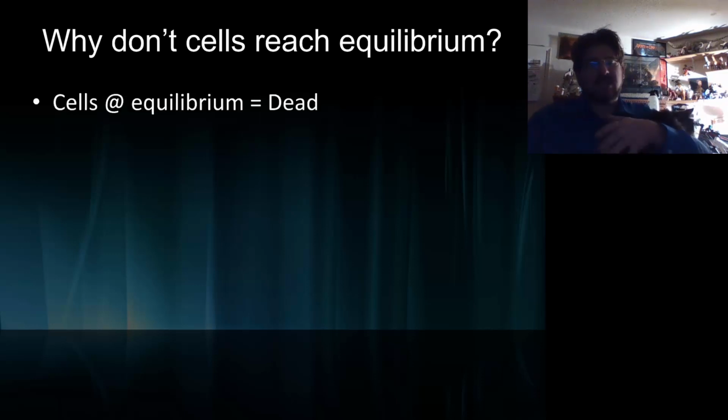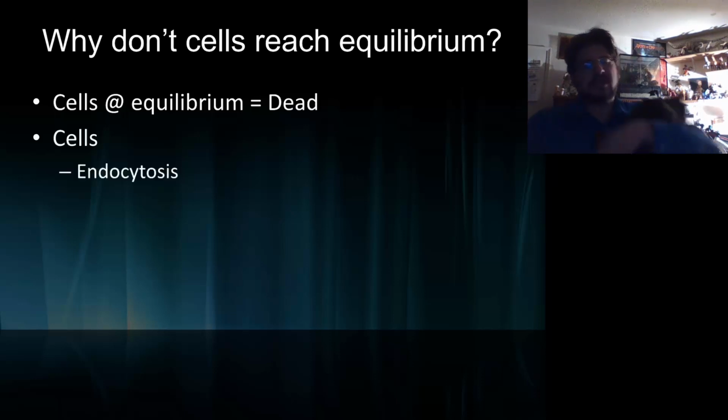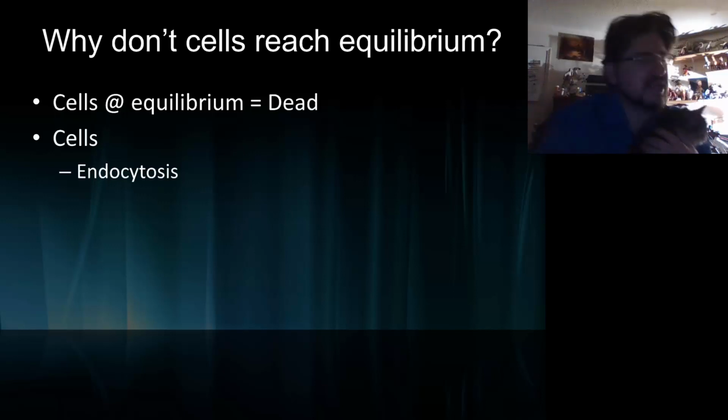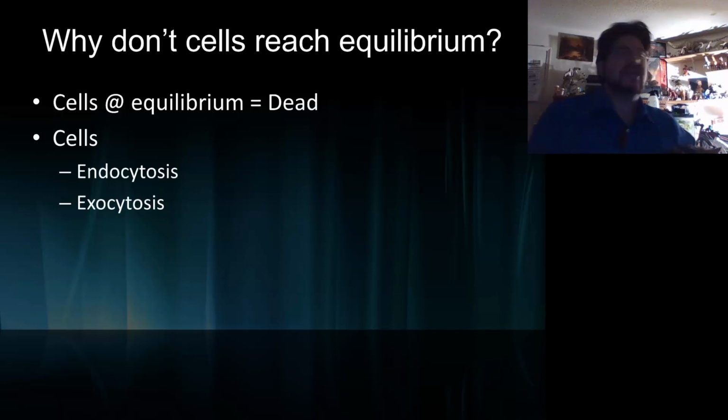So why don't cells reach equilibrium? Well, a cell at equilibrium, where we have stable low potential energy, is a dead cell. That cell done died. That is why it is not at equilibrium. So cells are constantly bringing in new molecules through endocytosis, nutrients that can be broken down for more reactants, and we're constantly getting rid of stable wastes.